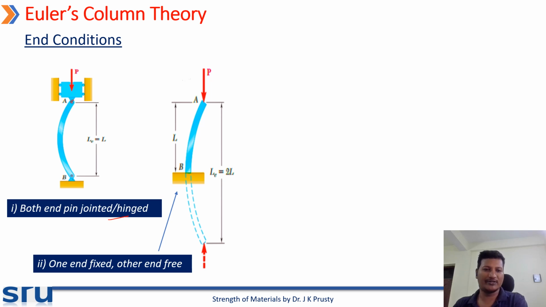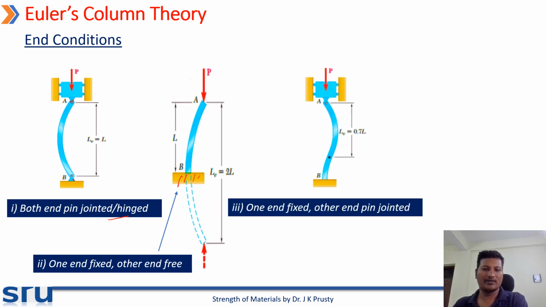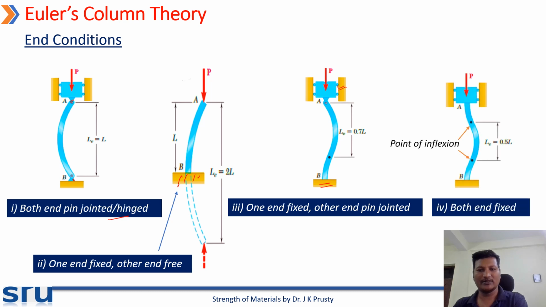The second one is one end fixed and the other end free. Third is one end fixed and the other end hinged or pin jointed. The fourth end condition is both ends fixed, so A and B both ends are fixed.